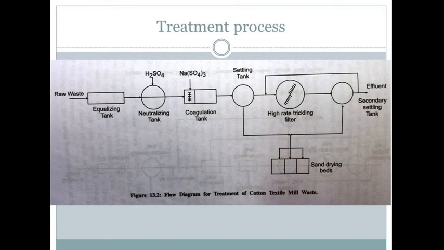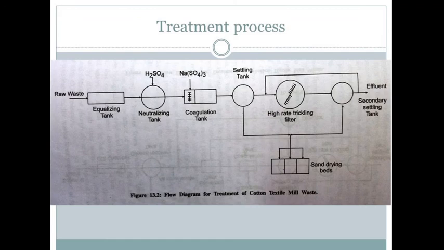The next is NaSO4, which is a coagulant. We add it to the coagulation tank for the removal of suspended and colloidal solids. The coagulated precipitate settles in the settling tank, and the sludge deposited there is sent to the sludge drying beds.